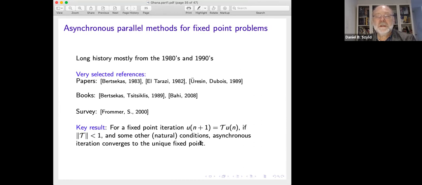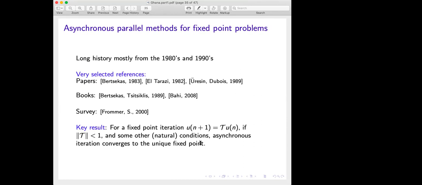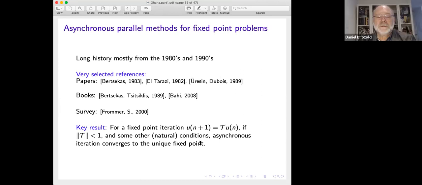In other words, the theorems that we have say, if the synchronous method works, as long as the asynchronous iterations don't go crazy, things will work out. The theorems don't tell you how fast, they just tell you that they will work, that it will converge to the unique fixed point of your iteration.